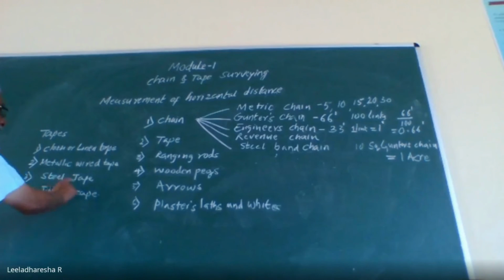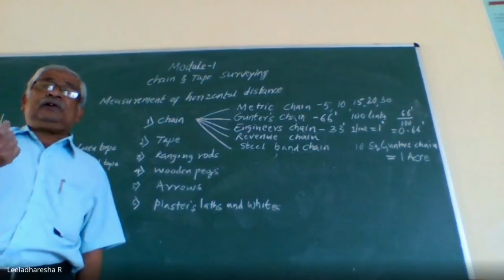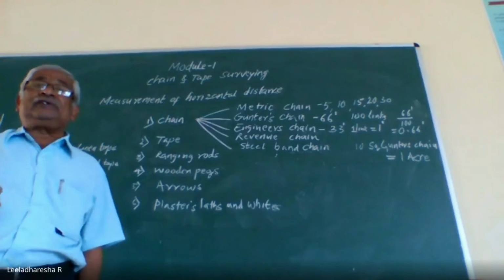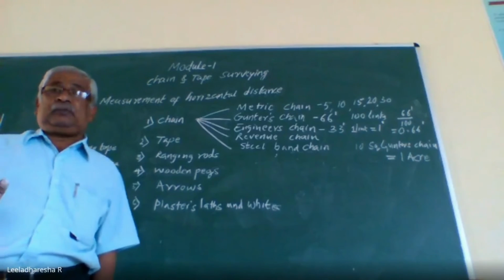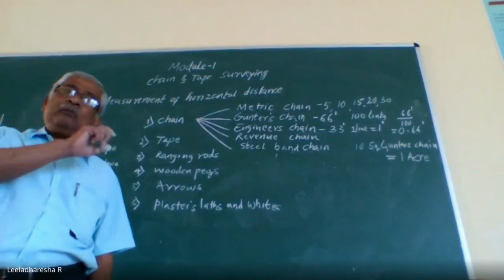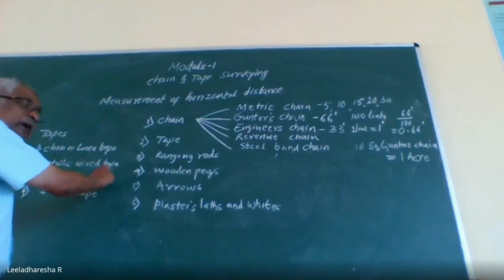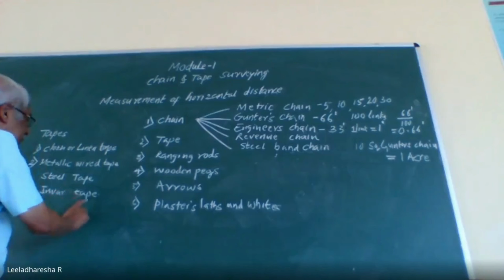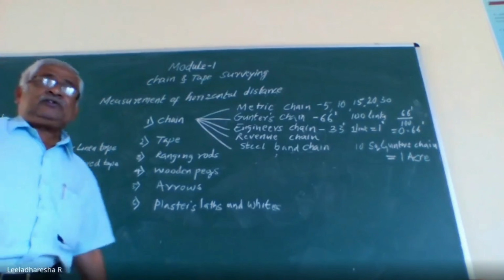Coming to the steel tape, it consists entirely of steel material, normally found with masons or supervisors. It is still more accurate than the cloth or linen tape and the metallic wire tape. The invar tape is a still improved version of the steel tape.